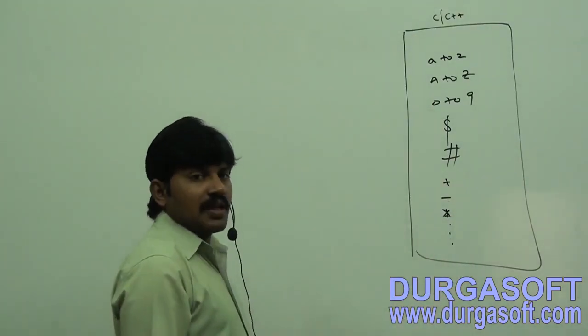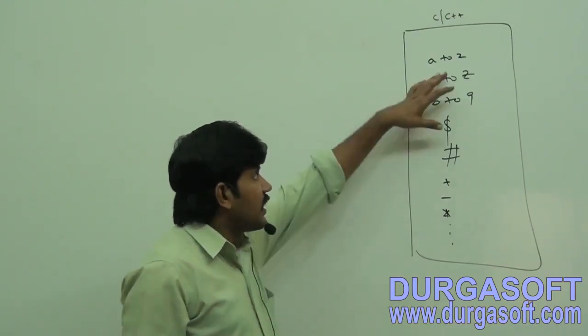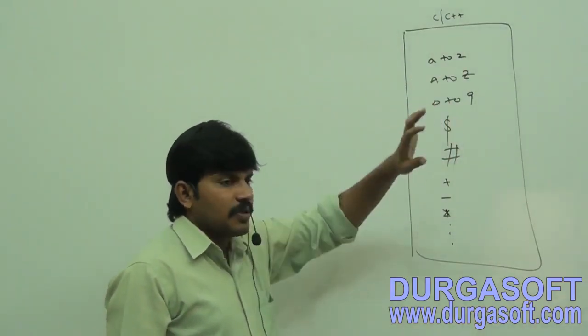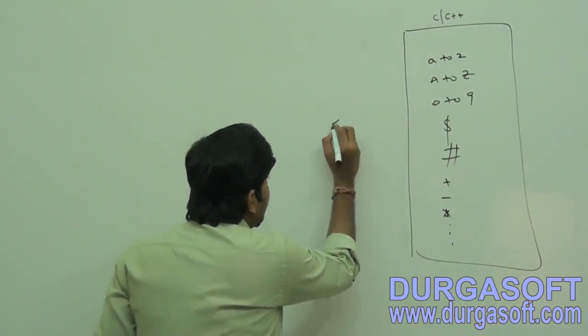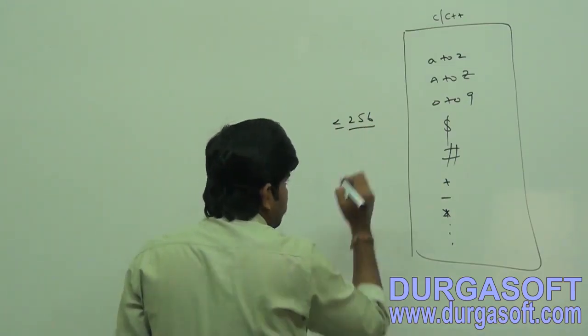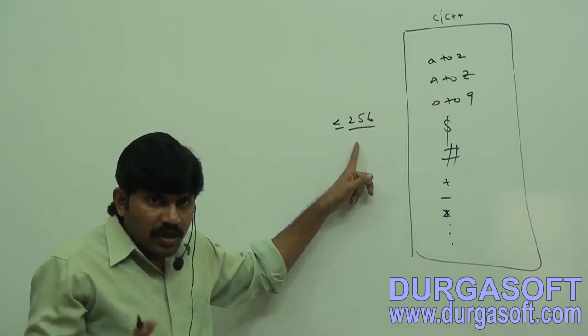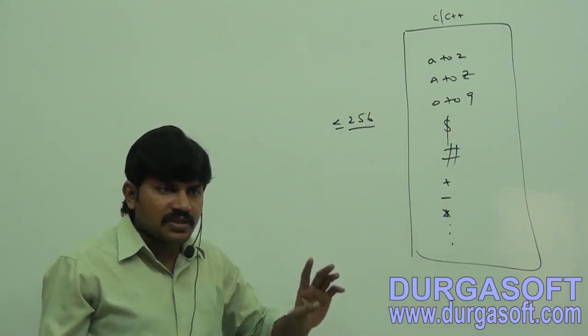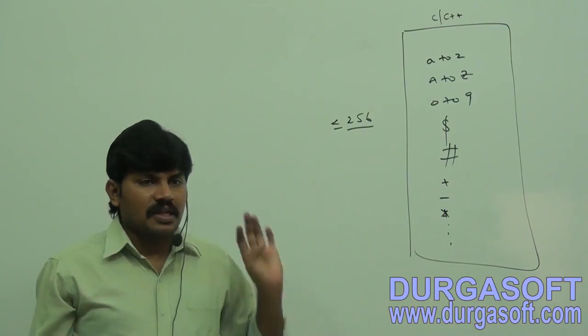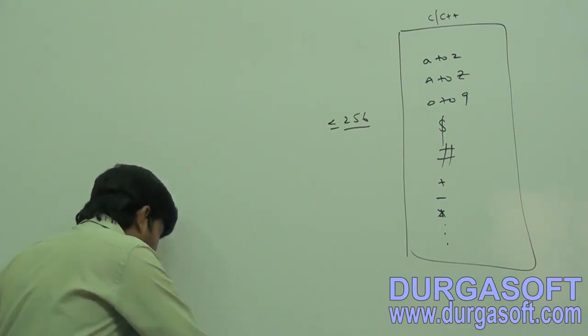The number of different allowed characters in a C or C++ program is always less than or equal to 256. To represent these 256 characters, 8 bits are enough.